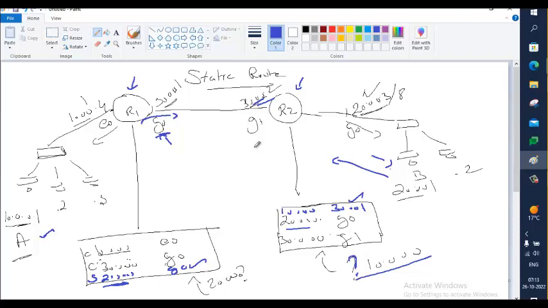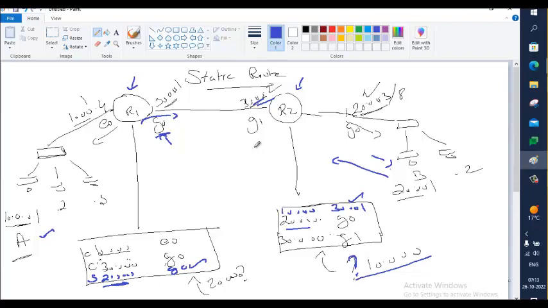The IP address should be the gateway. How can your own IP address become a gateway for you? G1's IP address is not a gateway of R2. 30.0.0.1, which is on router 1, is the gateway. So that's what you have to give.